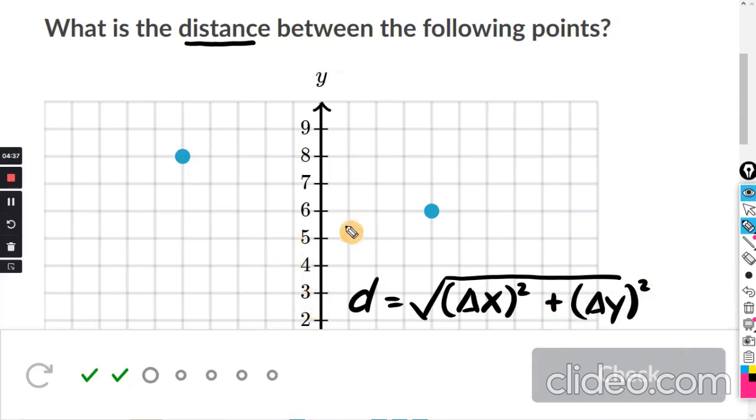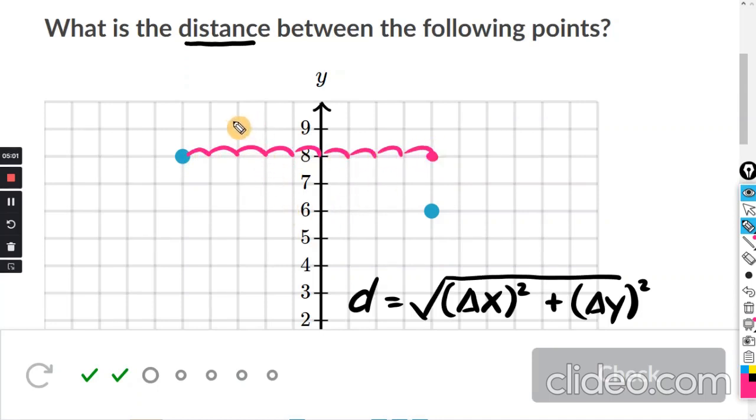Okay, so the up-down portion, we'll do the left-right portion first. Okay, counting from this point to this point for the change in x, we're going to go right here. Okay, so how many units is that? 1, 2, 3, 4, 5, 6, 7, 8, 9.